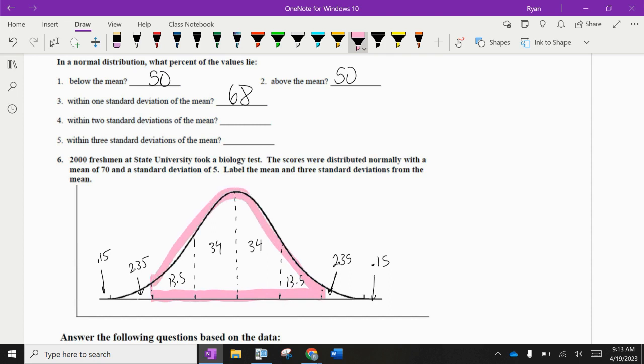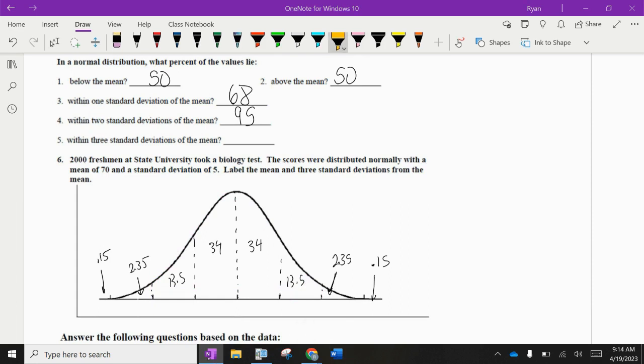So what percent is inside of this pink? What do we get? You can add the left and then double it. You can add all of them together. 95.